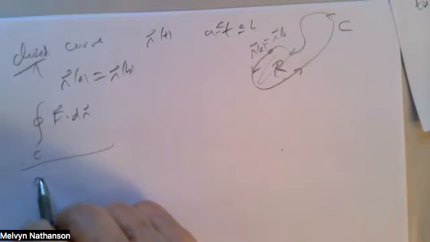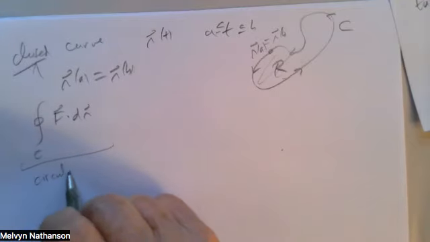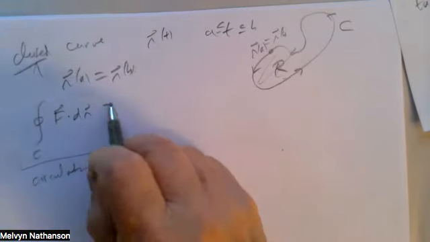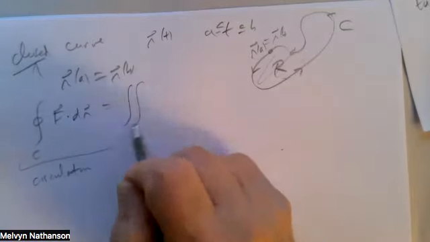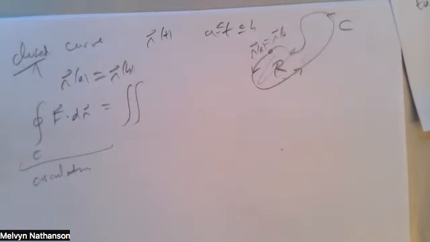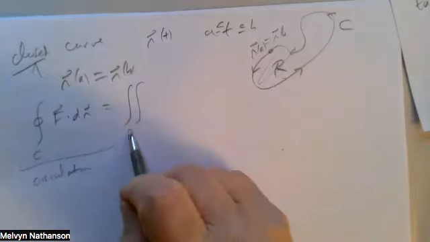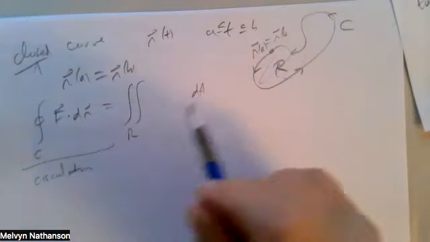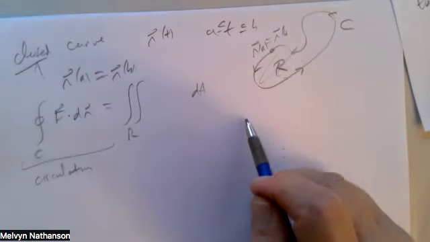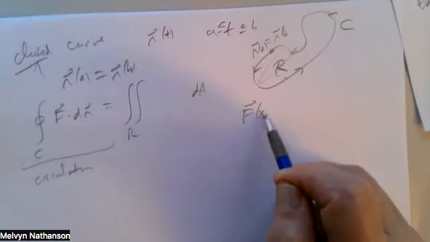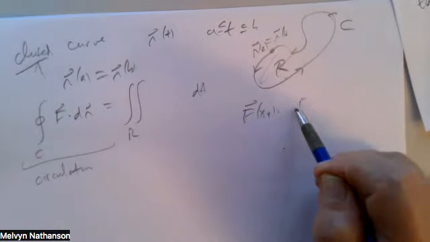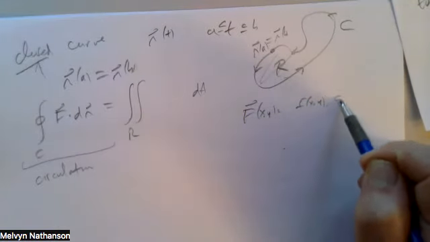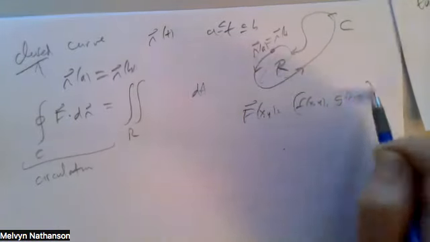So if you have a curve with a positive orientation, it turns out that this line integral, which is sometimes called the circulation, can be written as a double integral. Well, we already saw double integrals early on. A double integral over this region of, so let's see, suppose F of x y has coordinate functions little f of x y and little g of x y.